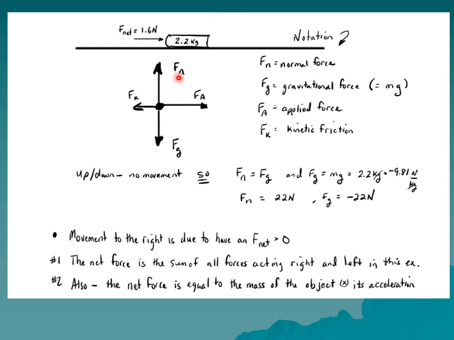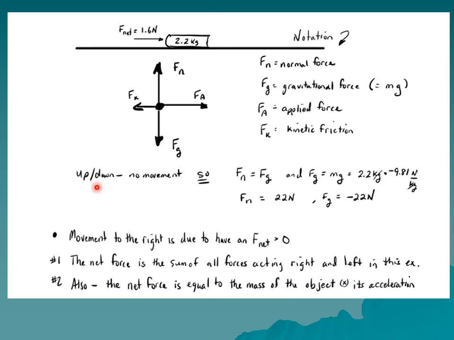As opposed to table on book, applied force on book, earth on book, and table on book again. And you could do a system schema here. So normal force, gravitational force, remembering that Fg, gravitational force, is equal to mass times gravity, so we can determine what that force is. The applied force, kinetic friction.